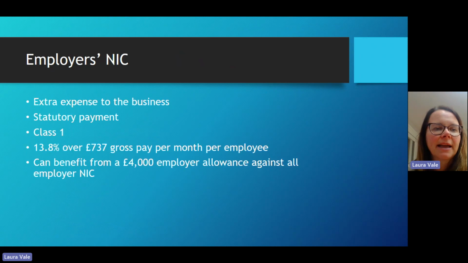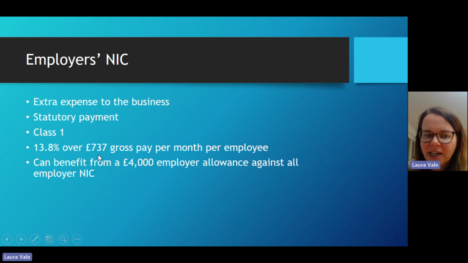So if I just go back a moment, the employer's national insurance contribution, it is an extra expense to the business. It is a statutory payment. So if you are employing people, you have the privilege not only of paying their gross salary, it's an expense for your business, but in addition to that, it's 13.8% for anything over £737.